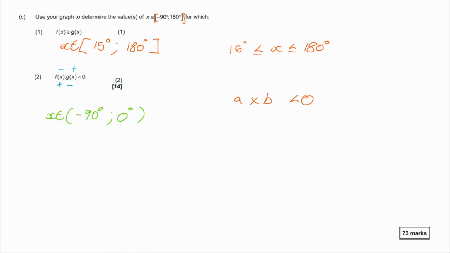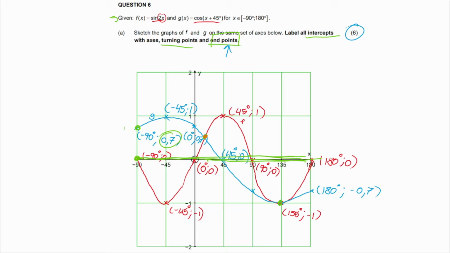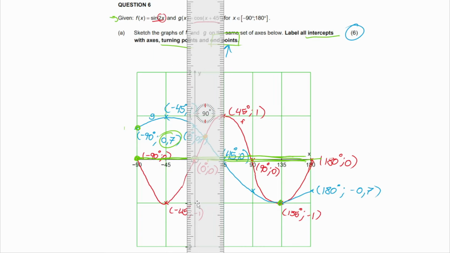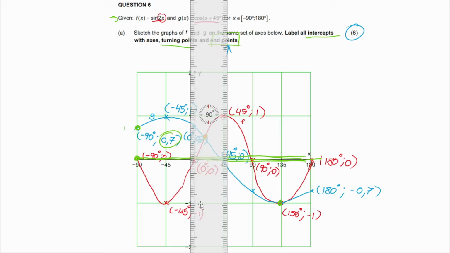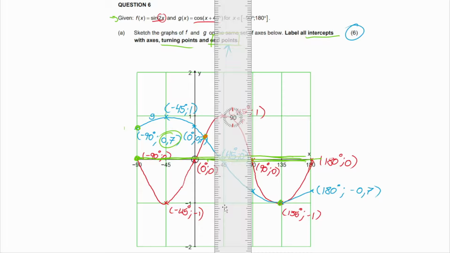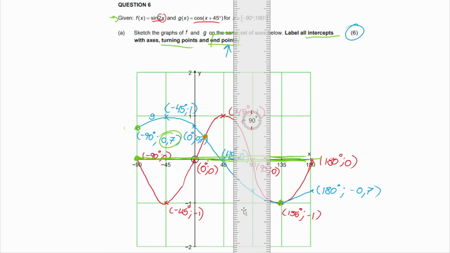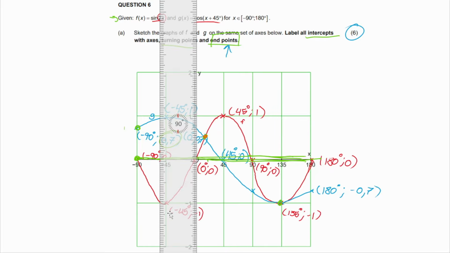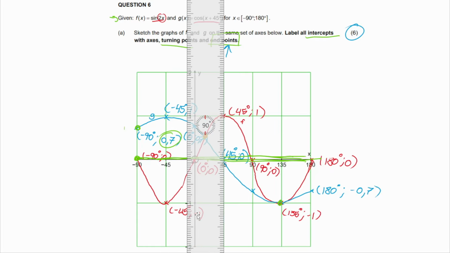Now let's see, is there any other region where this is true? From here, they're both above, both above, both above. From here, blue starts to go below and red's above. So red above, blue below, above, below. And then here they both start going below. So it is from this point.